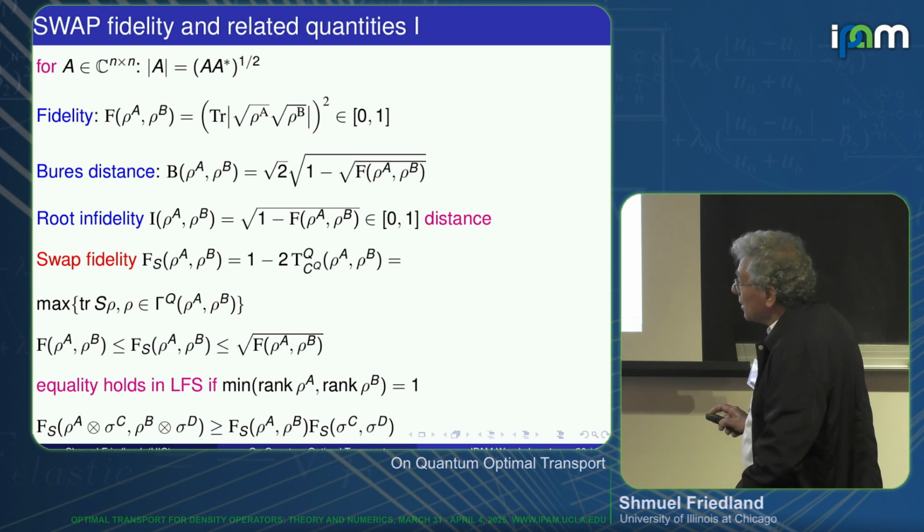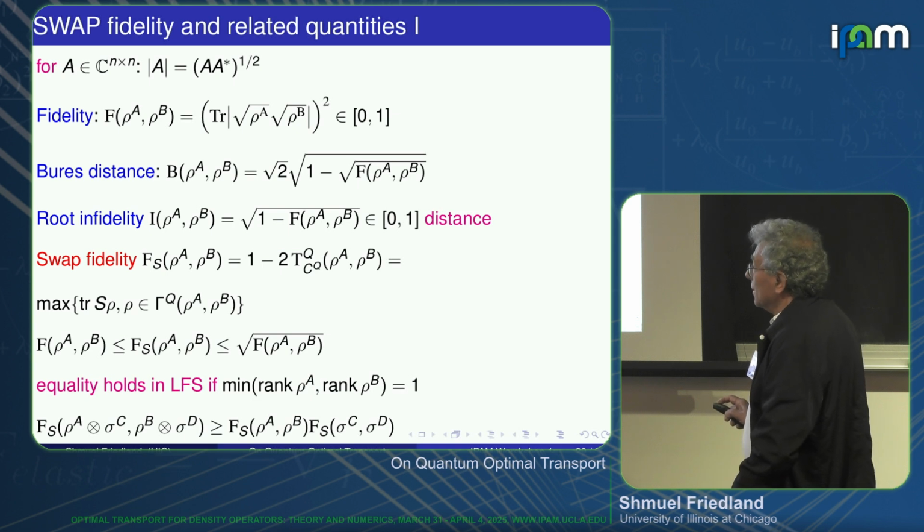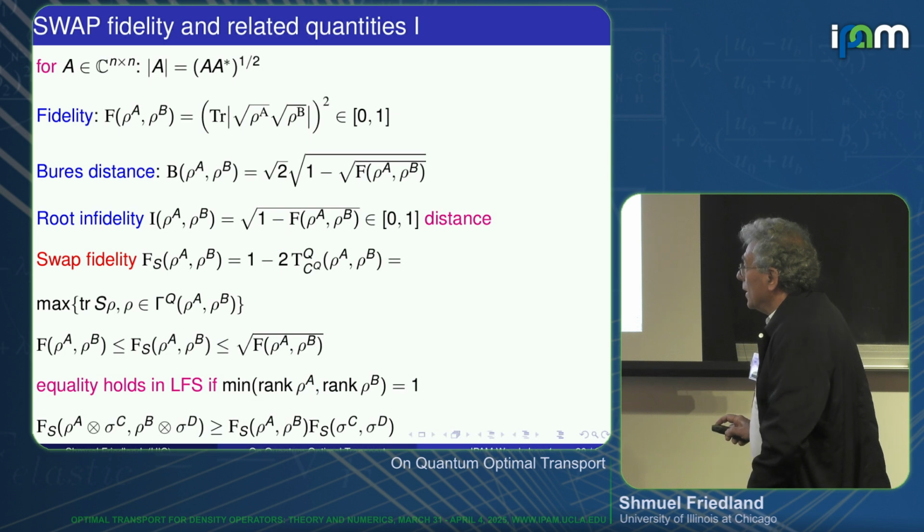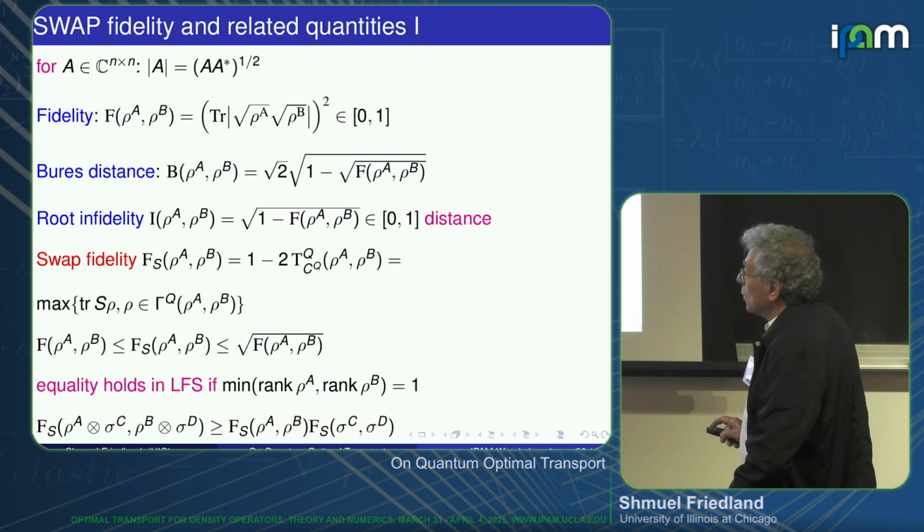There is also another distance, the infidelity distance, and one is bounded by the other. For swap fidelity, we take the max of the trace of S rho over all this, and this is going to be equal to that one. And so we have this nice inequality: the swap fidelity is greater or equal than the standard Uhlmann-Jozsa fidelity, but less or equal than its square root.